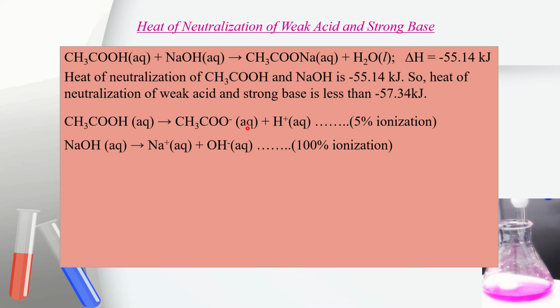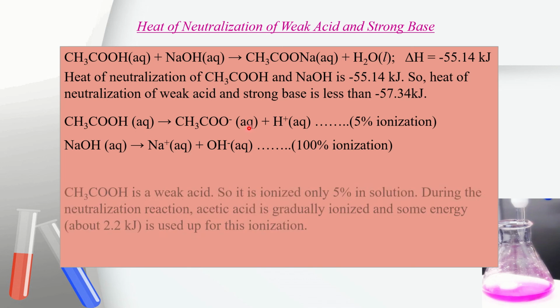Here almost 2.2 kilojoule energy is absorbed by acetic acid, and after absorbing 2.2 kilojoule heat energy, the total heat energy produced in this reaction is less than 57.34 and it becomes 55.14 kilojoule. So the heat of neutralization of weak acid and strong base is less than minus 57.34 kilojoule.